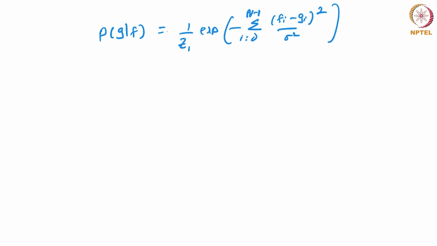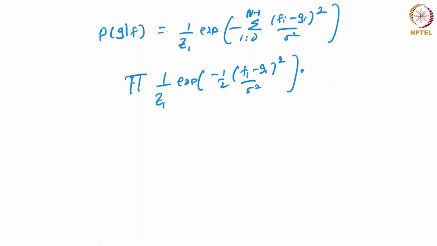Basically, if you start from the exponential distribution and model the entire image with this, the probability of observing the first pixel will be, if you use just this distribution, exponential of minus f1 minus g1 squared by sigma squared. The probability of observing the entire image is nothing but the product of observing each of the individual pixels.